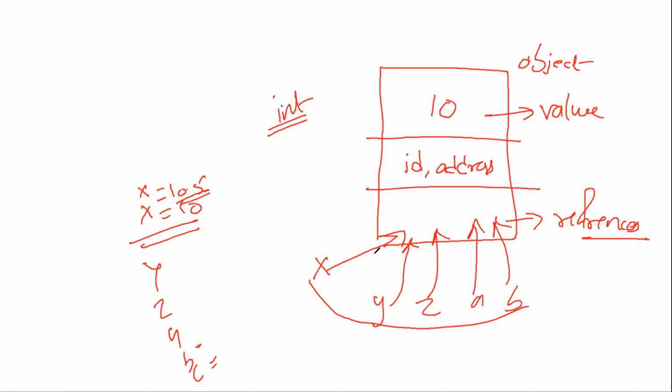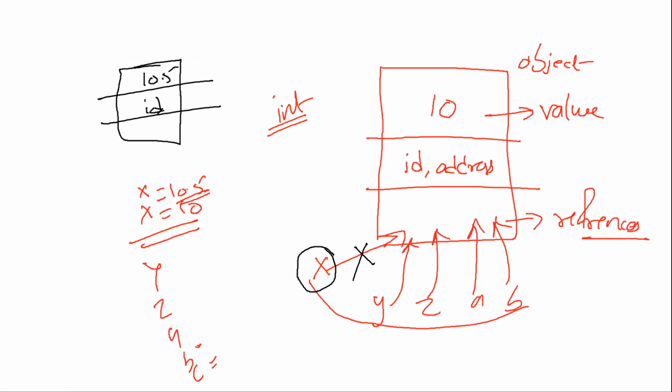So what will happen? Right now x was pointing to this location, but now it will not point to this location. x says now I am free from 10, but the other place it has to go is 10.5. 10.5 is also there in the memory somewhere, right? It has some identity or address. So x will start pointing to this now.